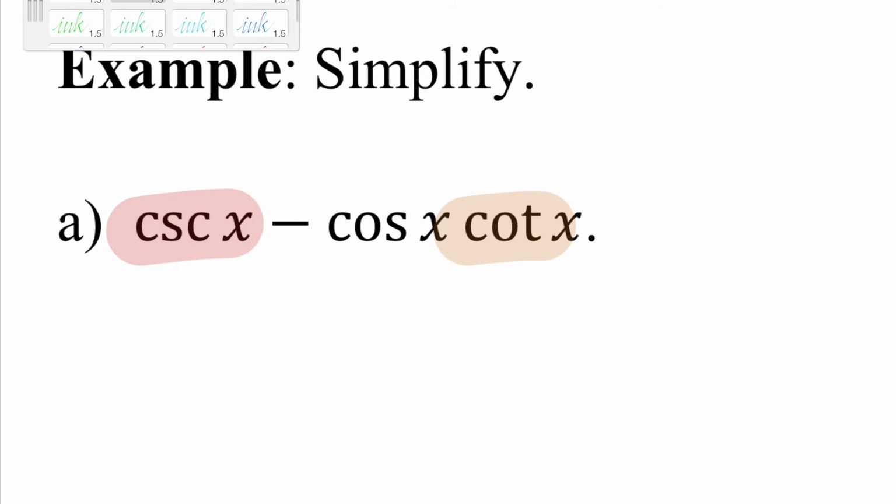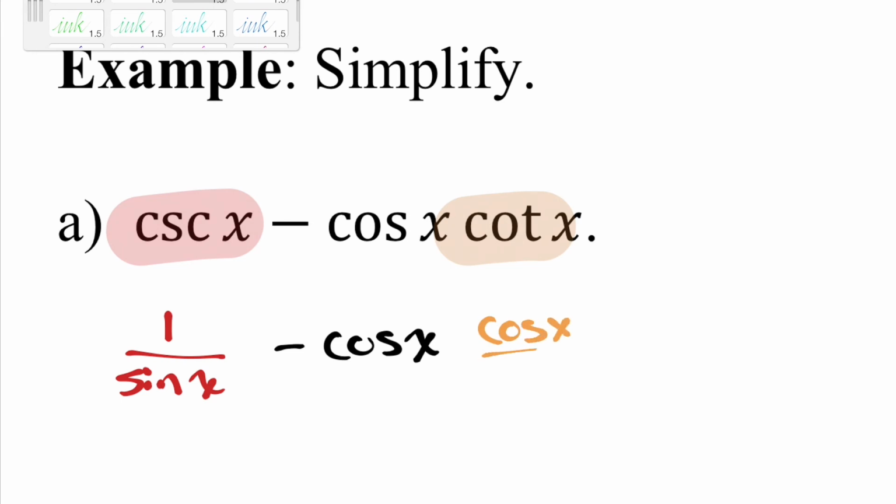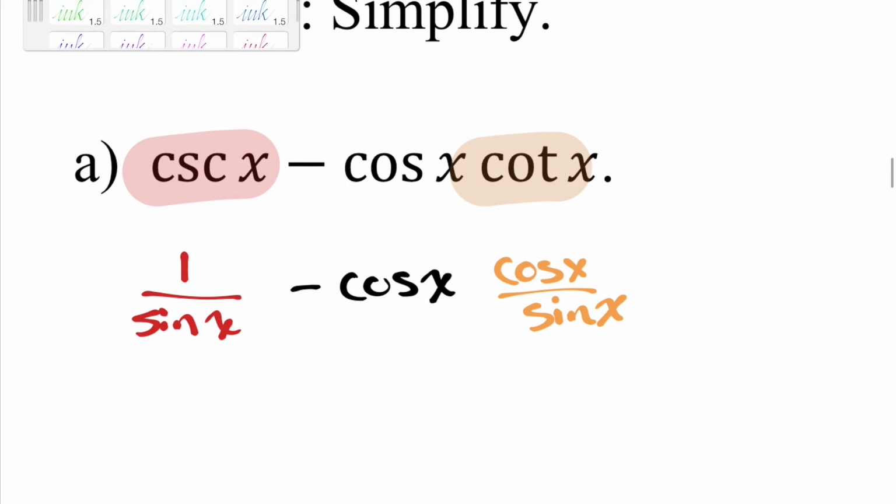So here my cosecant I know is technically 1 over sine, and cotangent is cosine over sine. And so I can do a little bit of simplifying here.